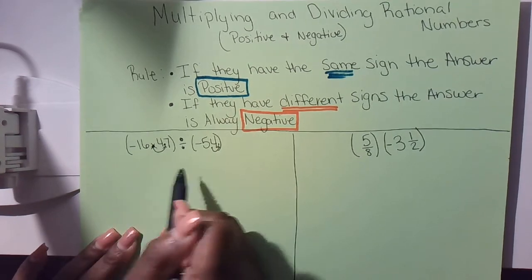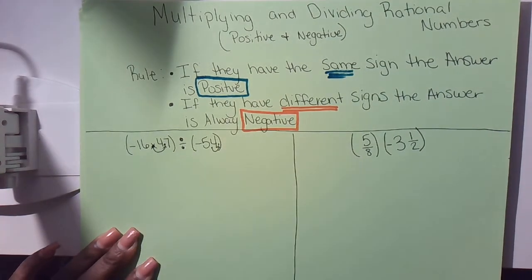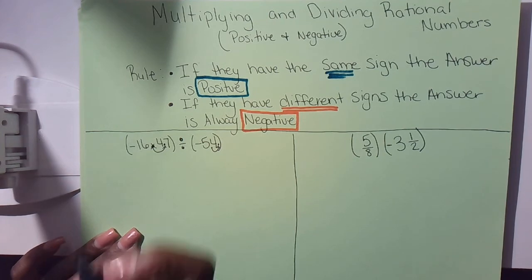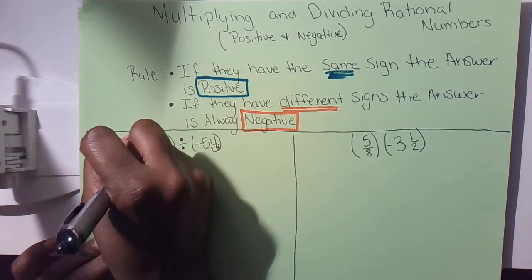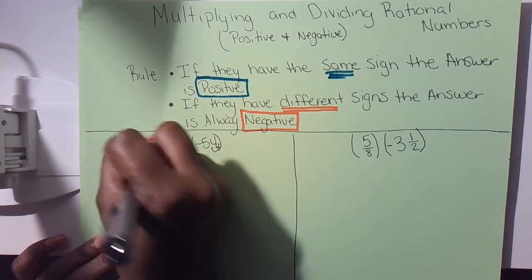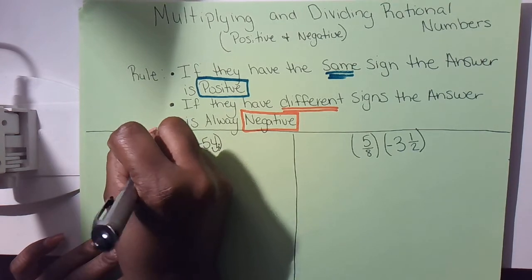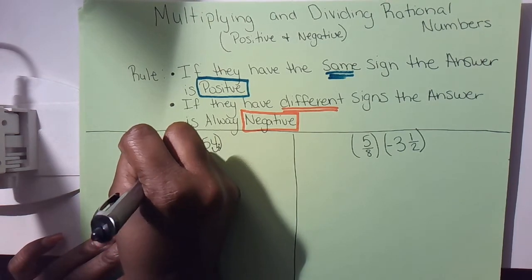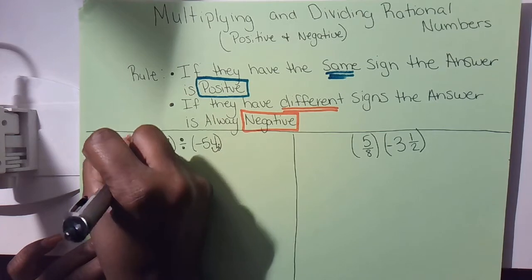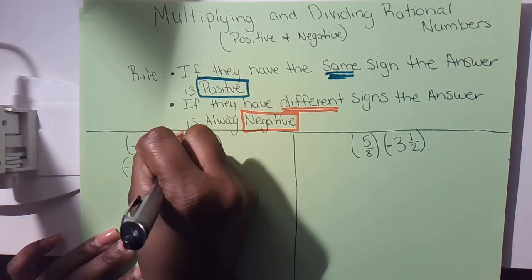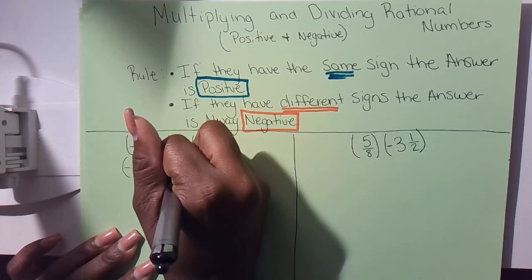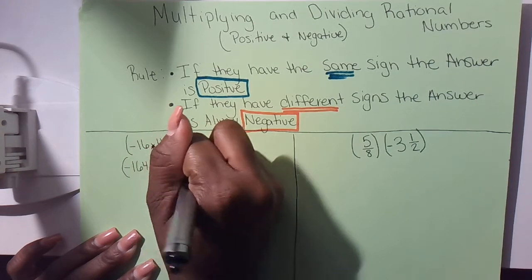Now, I'm going to rewrite this with our decimal points in the new place so that we can see what we're doing. So we're going to be doing negative 164 and 7/10, and we're going to be dividing that by negative 54.